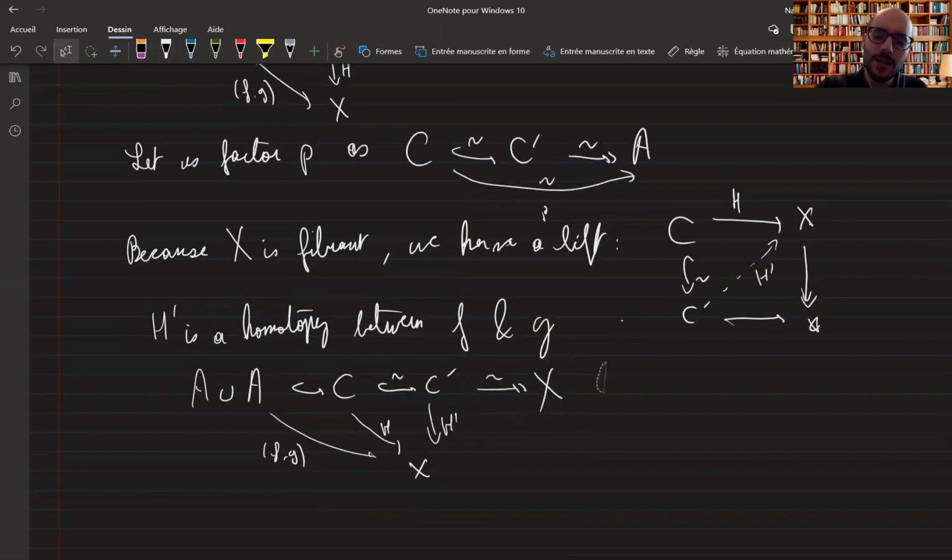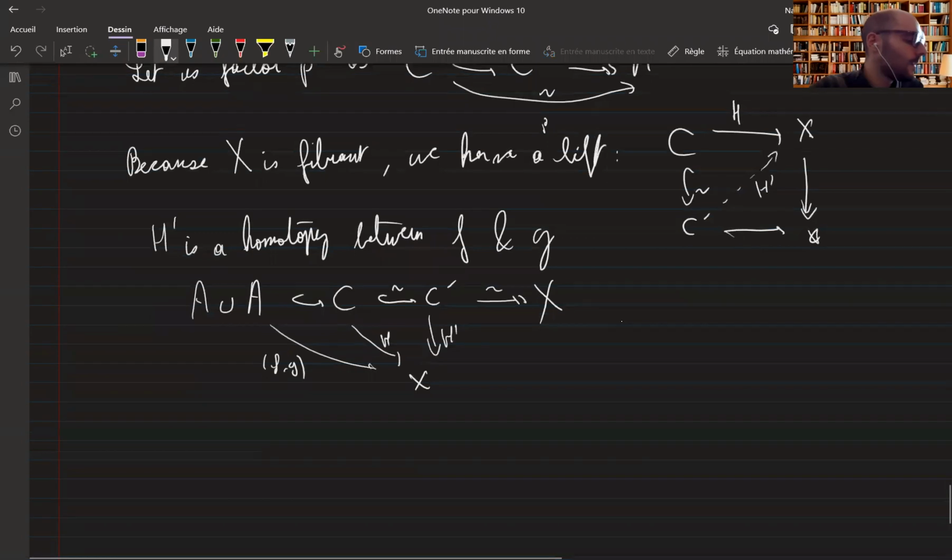So because the target is fibrant, we can have a homotopy in which the second part is a fibration, right? Using this lifting property. Okay. So if you need to remember it, if the target is fibrant, then any good homotopy can be replaced by a very good left homotopy. All right.